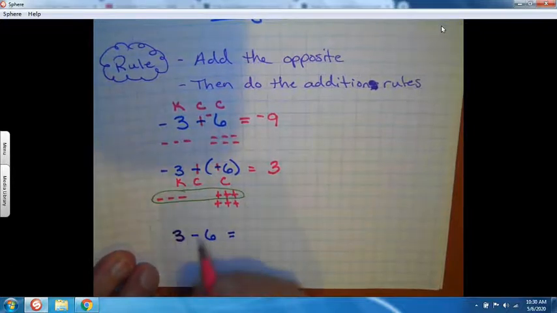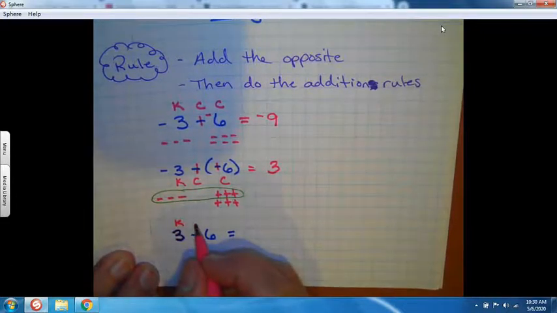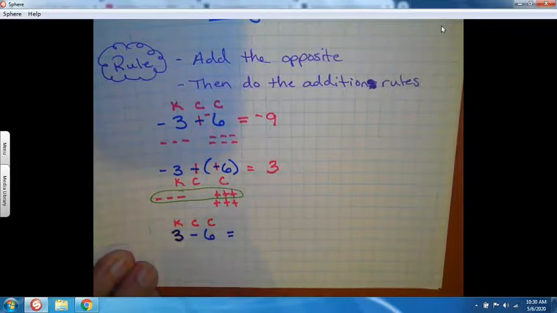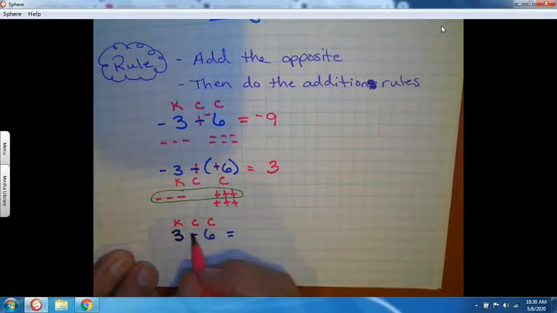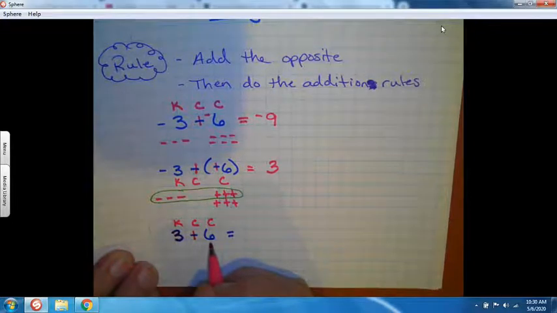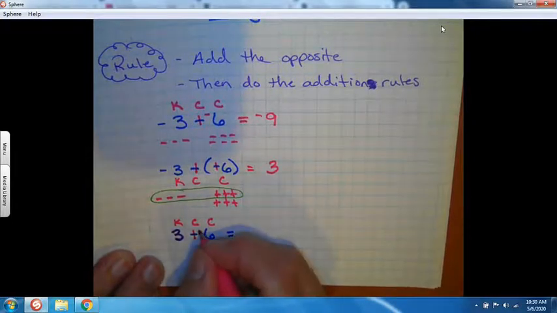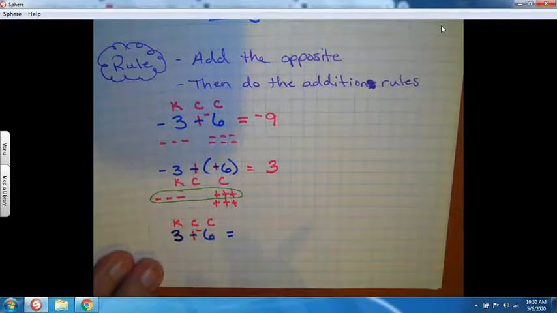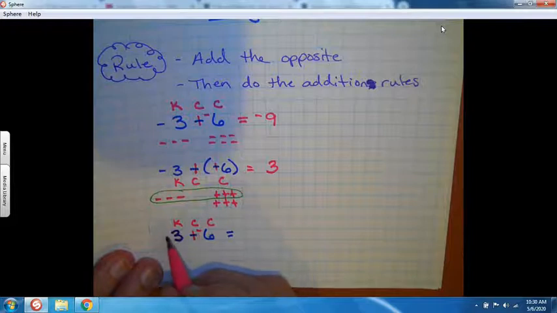So keep, change, change. We're going to add the opposite. That's a positive 6. What's the opposite of positive 6? Negative 6. Boom. Okay? So signs are different. Different signs subtract, right?